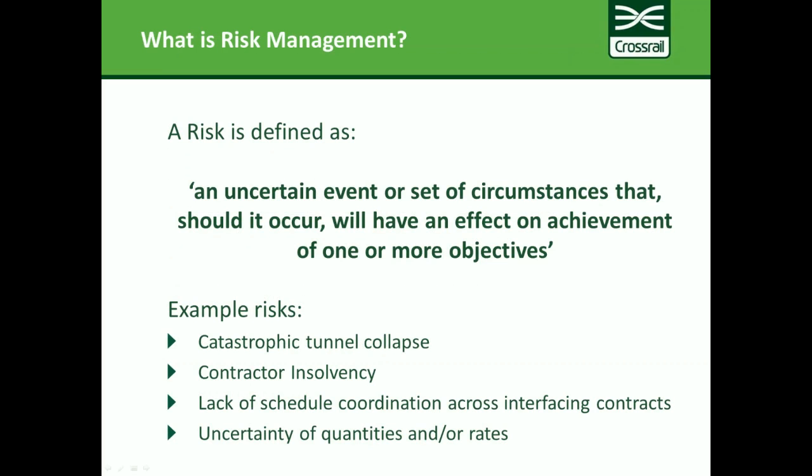And examples, clearly, for a project like Crossrail are catastrophic tunnel collapse, because we're doing an awful lot of tunnelling under the centre of one of the world's major cities, but also things like contractor insolvency, schedule coordination across interfaces, and I think Rob Little talked in his planning piece about the extensive work that's gone on in terms of managing interfaces across the programme, and just fundamentally the uncertainty of quantities and rates.